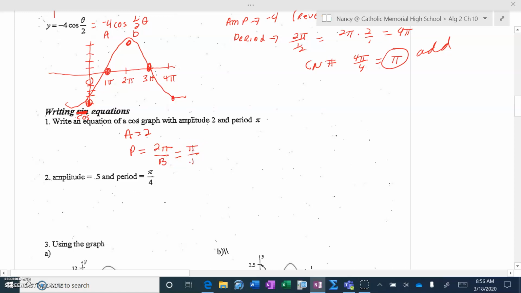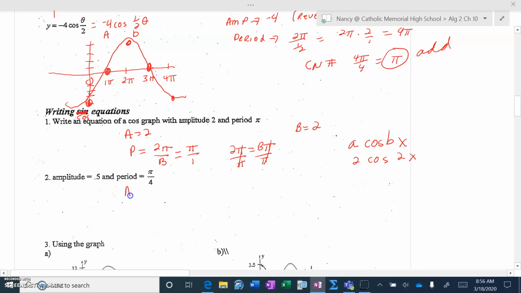And I just need my B. So I have a proportion if I put that pi over 1, and I'm just going to cross multiply. 2 pi equals B pi, divide by pi, and I get a B of 2. So if my A is 2 and my B is 2, and my equation looks like this, I would simply sub 2 for my A and 2 for my B.